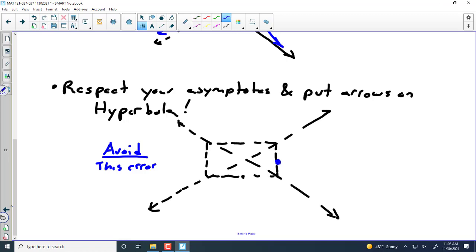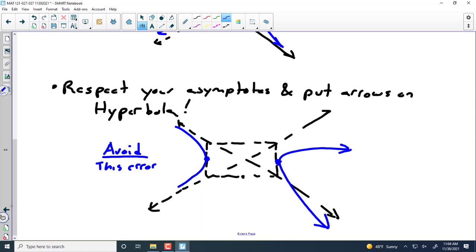But then when you draw your hyperbola, you just completely disregard that the asymptotes are there. You don't hug one of them or you cross over it. This one right here, let me make this more obvious. You're just kind of shooting off, not even looking at the asymptote. Or this one right here, you're not indicating that the hyperbola goes on forever and ever and ever. So respect your asymptotes and put arrows on your hyperbola to show it keeps going.